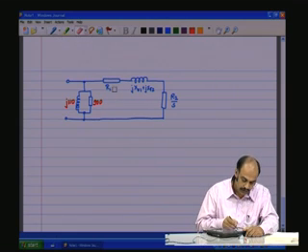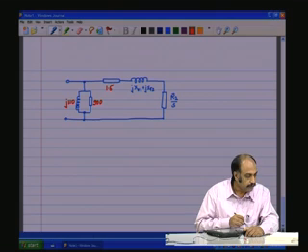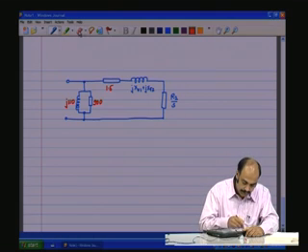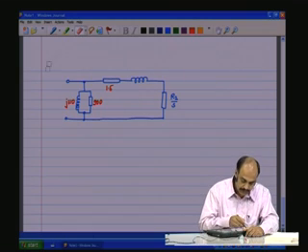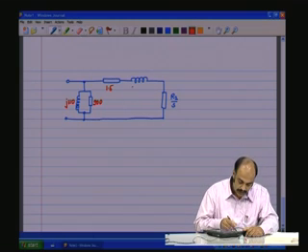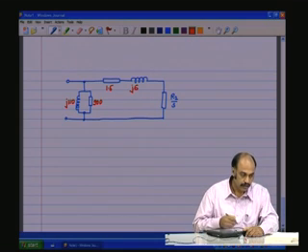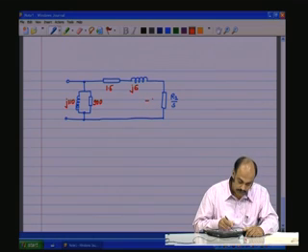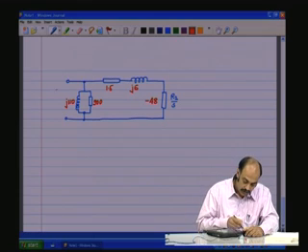The value for R1, the stator side winding resistance, 1.5 ohms. Then the value for the combined leakage reactance, J6. Then R2 by S, minus 48 ohms. Okay. So here the source.